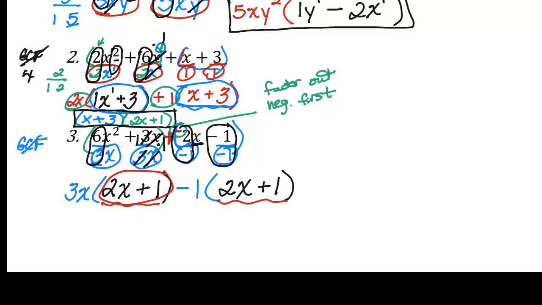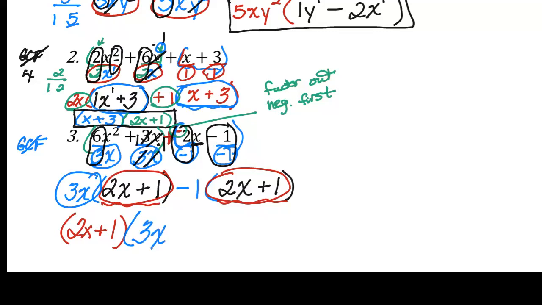They become your greatest common factor and come out in front with a set of parentheses around them. And what you have left in the second parentheses is the 3x minus 1. This is the factorization of that 4-term polynomial.